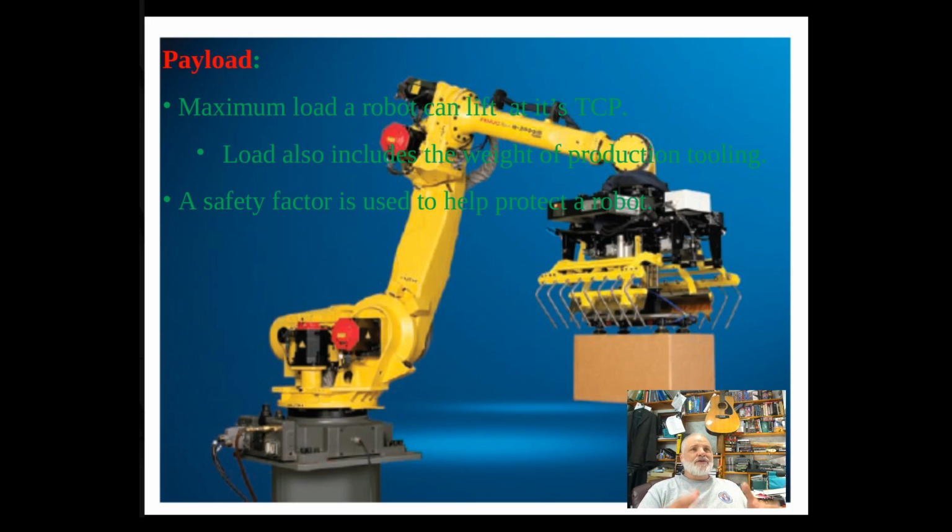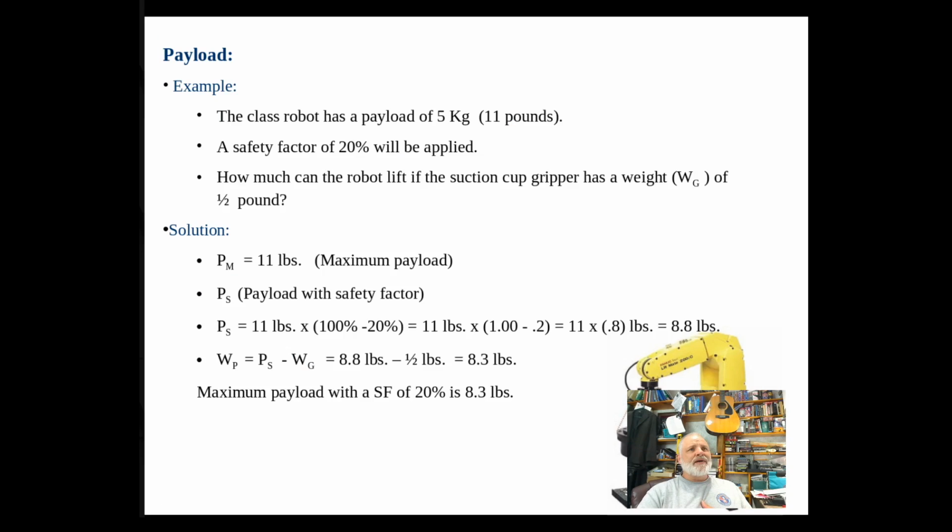We have no idea what's inside the box, but the gripper itself looks extremely heavy. And so you have to take into account how heavy your gripper or your end of arm tooling is. And then you also need to build in a safety factor. So you don't want to be operating the robot at its maximum load all the time.